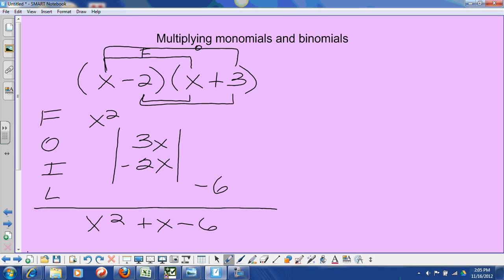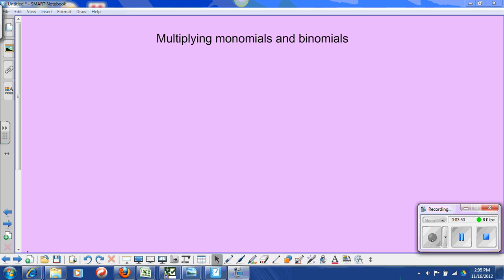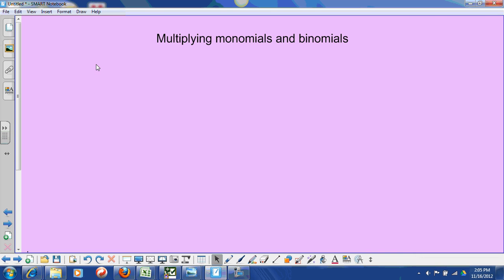Let's go on to another example. Let's look at if we have a beginning term the same and the end term the same. So let's do like a 3x minus 2y times x plus y.